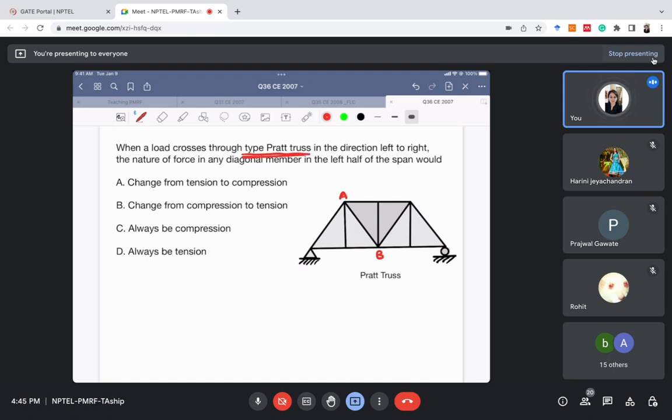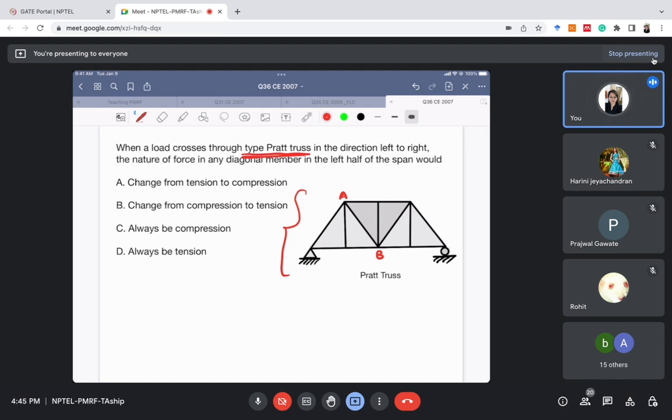I don't remember exactly, but in this question, the figure was not given. So if you do not know what a Pratt truss looks like, then you could not solve the problem, right? So I recommend that you should know some common types of trusses. Sometimes they might not give you the truss.